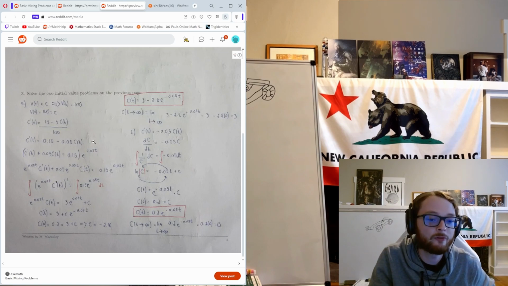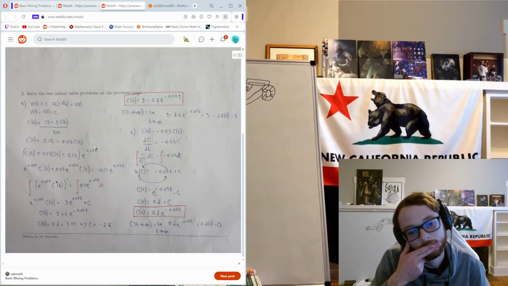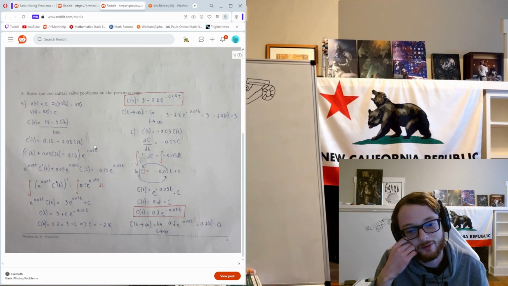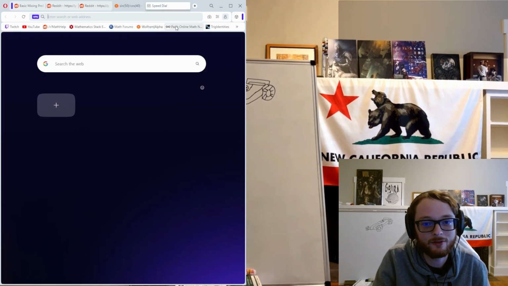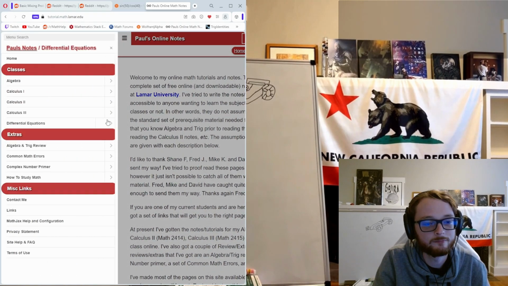Oh, I get why there's parentheses. This is their integrating factor and they're multiplying through by it. Okay. They're actually doing the work of using an integrating factor rather than just using the formula like I do. Which actually, I do it like that so little that I should actually check this.